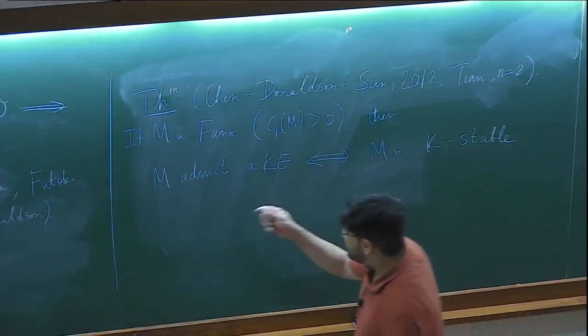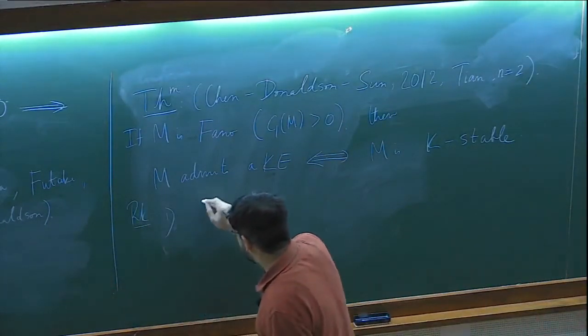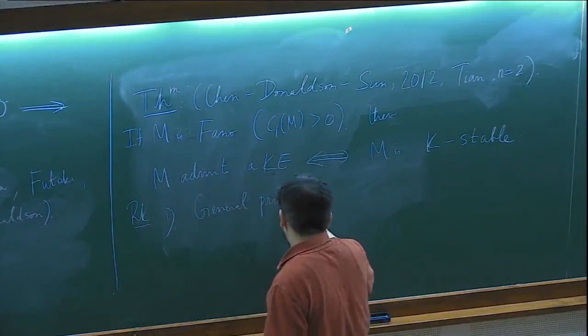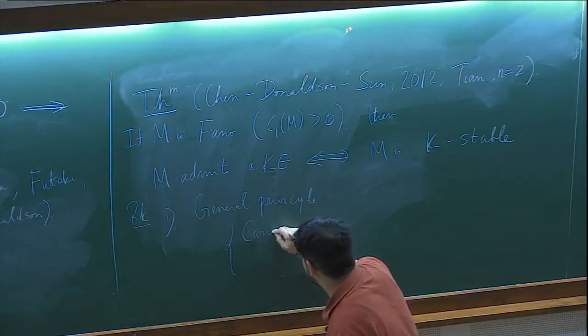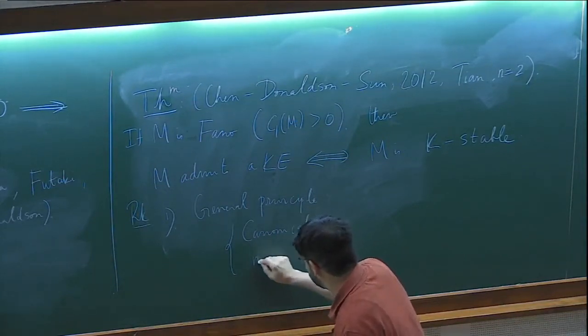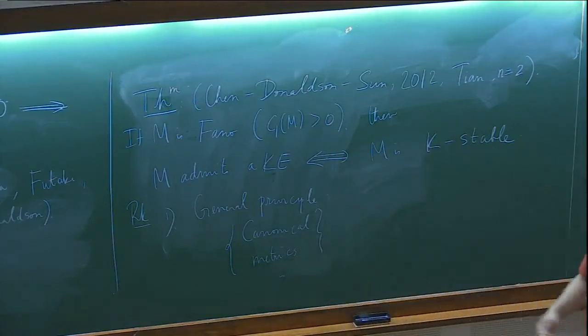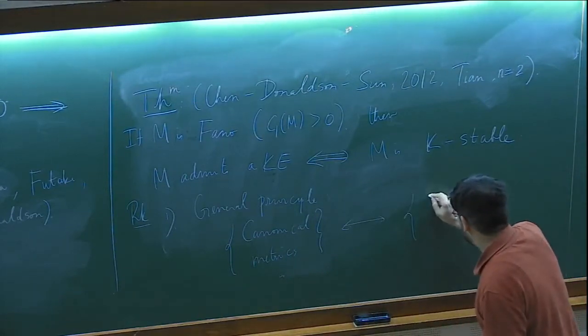Okay, so let me make a few remarks. The general principle in complex geometry is that the existence of these special kinds of metrics or connections, or any special kind of differential geometric object, should be related to some form of stability.